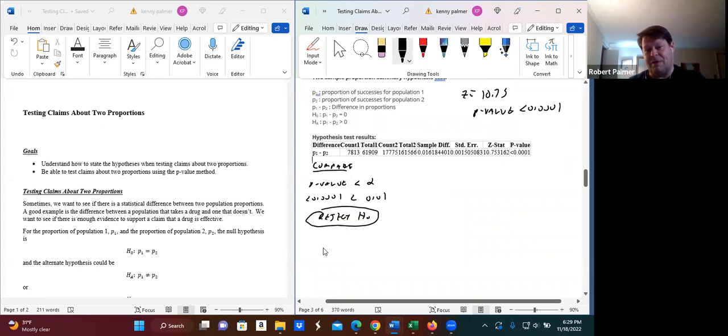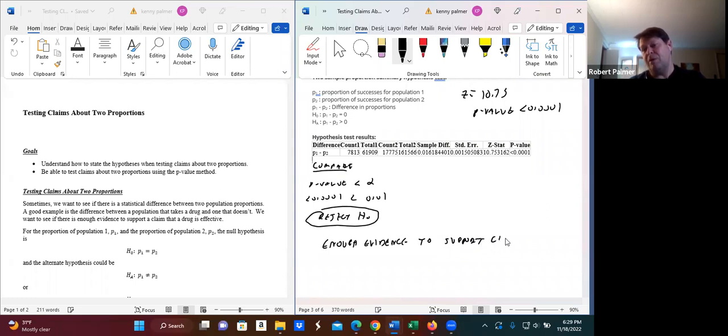So then we can say there's enough evidence to support the claim of a higher fatality rate for those transported by helicopter.